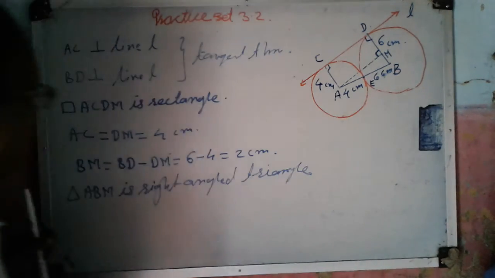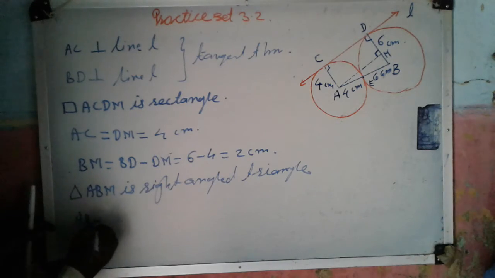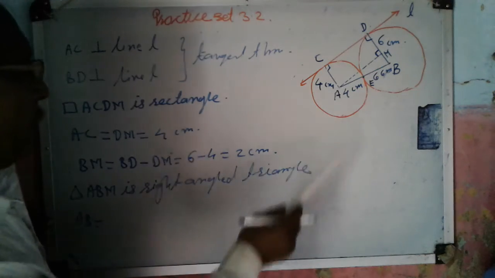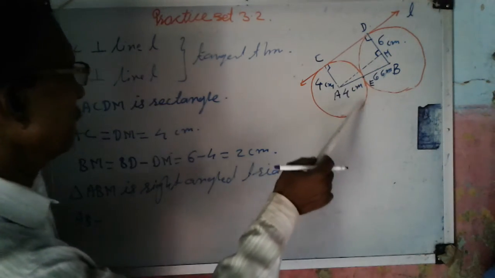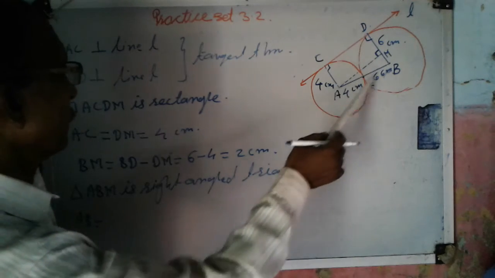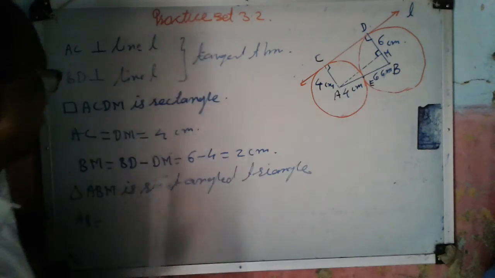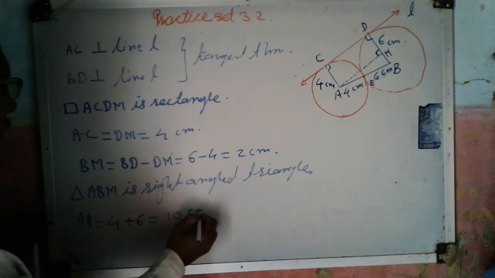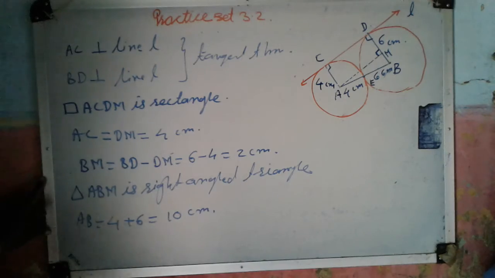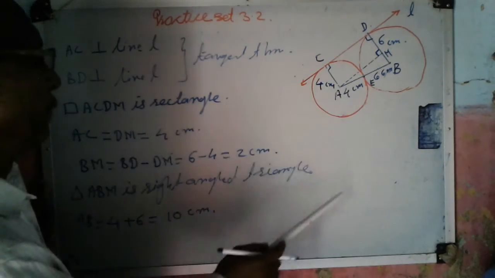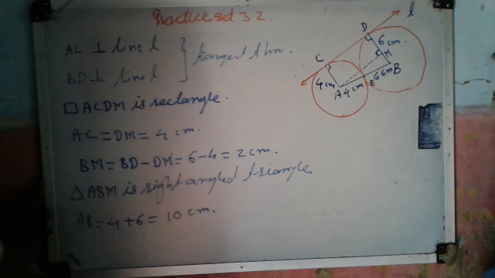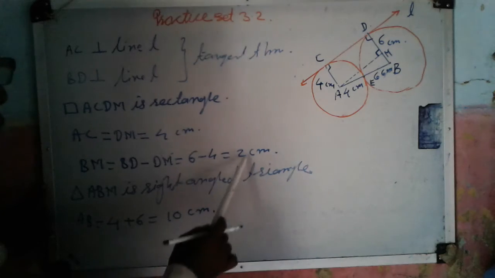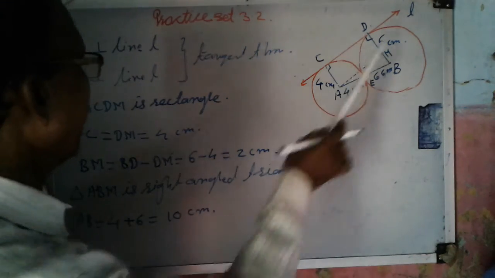So the length of hypotenuse AB: A and B are the centers of these circles and they are touching externally. Therefore, the distance AB is equal to the sum of the radii, that means 4 plus 6, 10 centimeter. Okay. Now in right angle triangle ABM, AB is the hypotenuse and it is 10 centimeter. BM is equal to 2 centimeter. And we have to find AM.